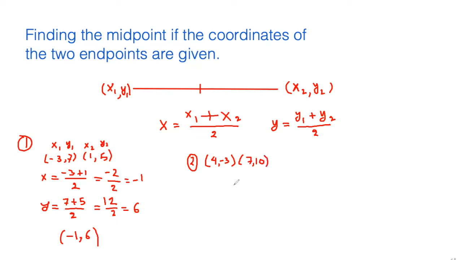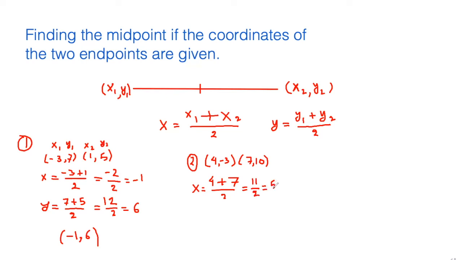So same thing, we are going to find x by adding x1 and x2 and dividing by 2. In this case, x1 is 4 plus x2 is 7 and divide by 2. Now 4 plus 7 is 11, divided by 2 gives me 5.5.